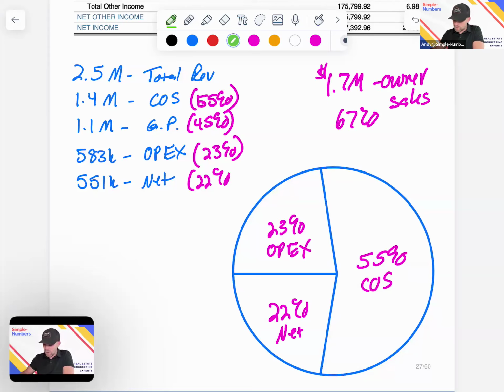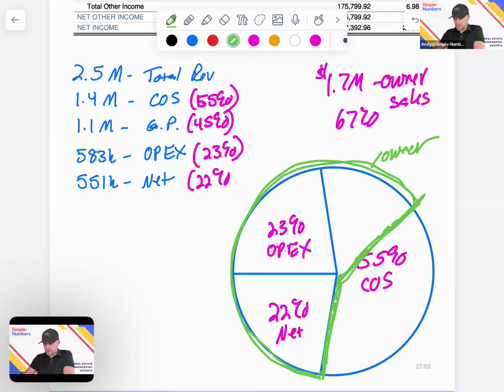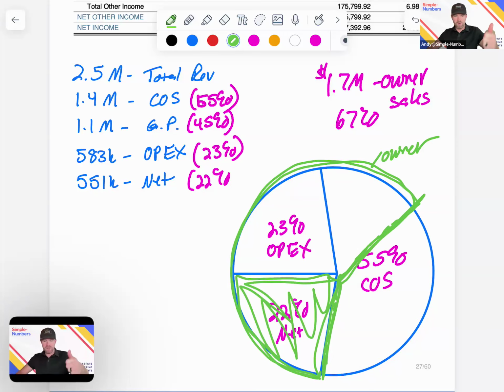If we put the owner's production on here to display how much it was, this much of the pie the owner did in their own production. So that's an issue, because this is all they kept. The rest just went out to pay the agents and broker and to pay the bills.